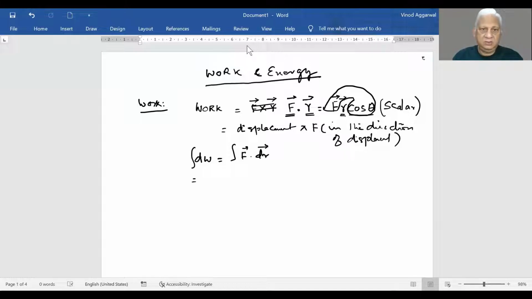So this will give us total work from stage 1 to stage 2. The F could be varying, the direction of displacement could be varying, wherever. Okay.